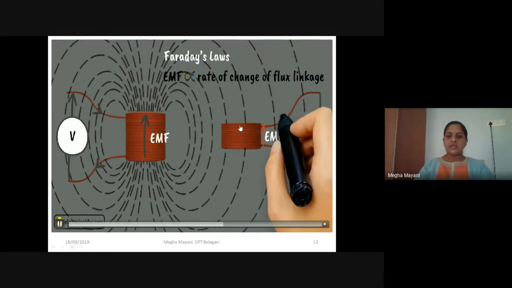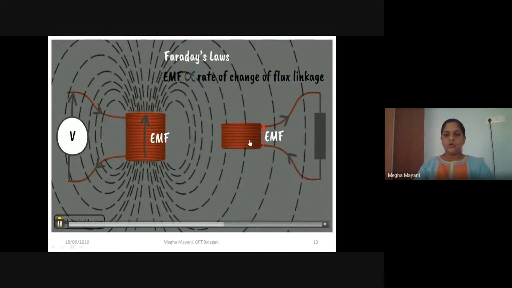There is a current flow in this coil, which depends on the supplied voltage connected to the first coil.